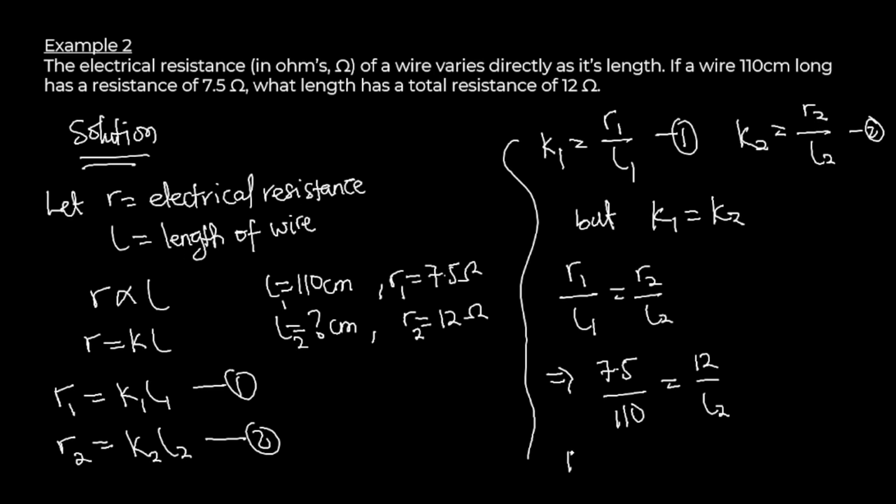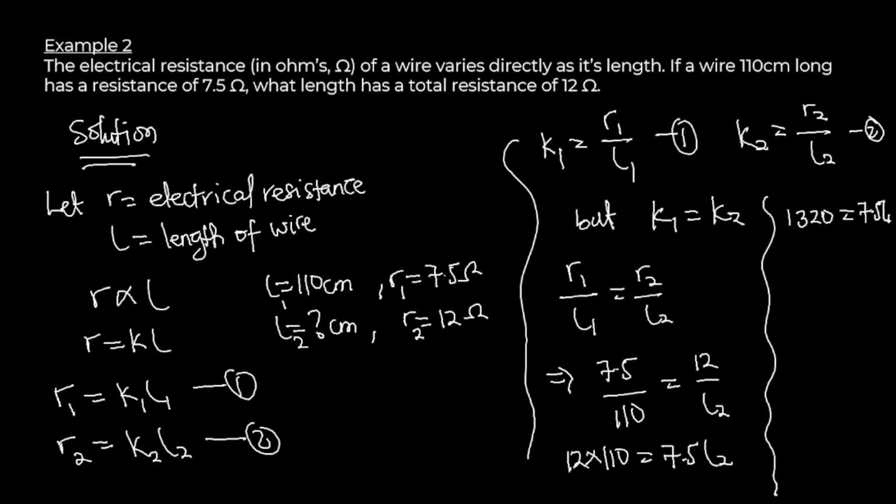So we have 12 multiplied by 110 to be equal to 7.5 L2. So 12 multiplied by 110 will give me 1320 to be equal to 7.5 L2. Making L2 the subject means we divide by 7.5.